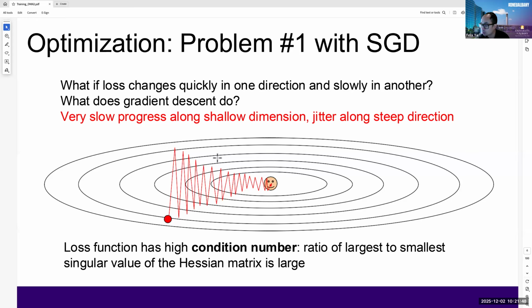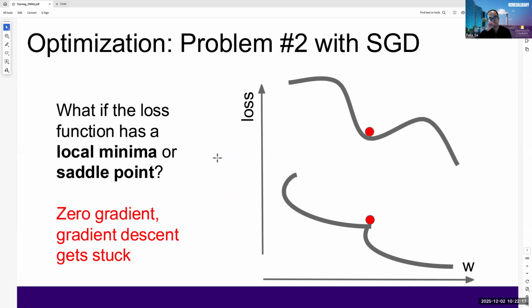We know eventually it will converge, but it will be very slow, with very slow progress along the shallow dimension. This is an intrinsic problem in stochastic gradient descent. Particularly with a very high condition number, you will see large oscillations.